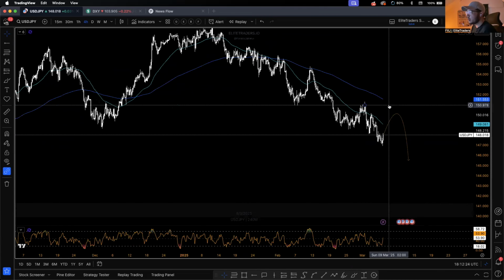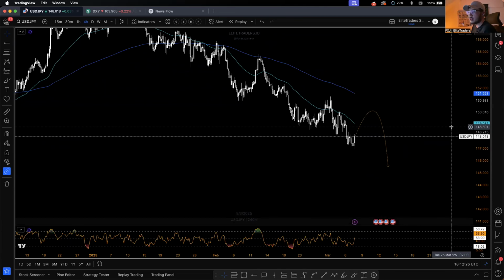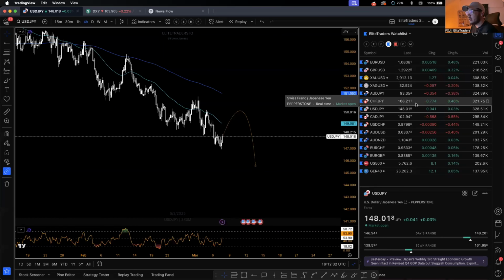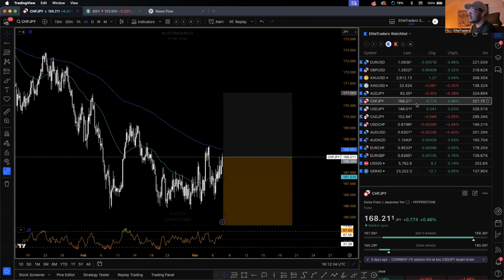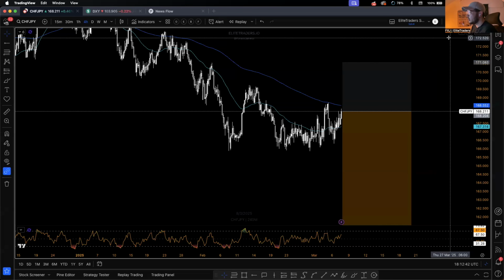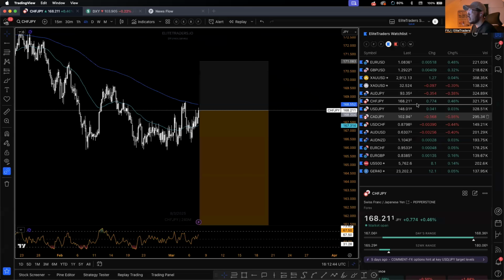Same reasoning on dollar yen. So again, we've discussed the dollar, we've discussed the Fed, we've discussed the yen. So it should be self-explanatory on why we'd want to go short dollar yen. However, just on a side note, the reason you would want to favor Swiss yen over dollar yen is not necessarily due to an economic outlook, it's more due to the interest rates. If we're looking at swap fees, the Federal Reserve interest rate is 4.5.